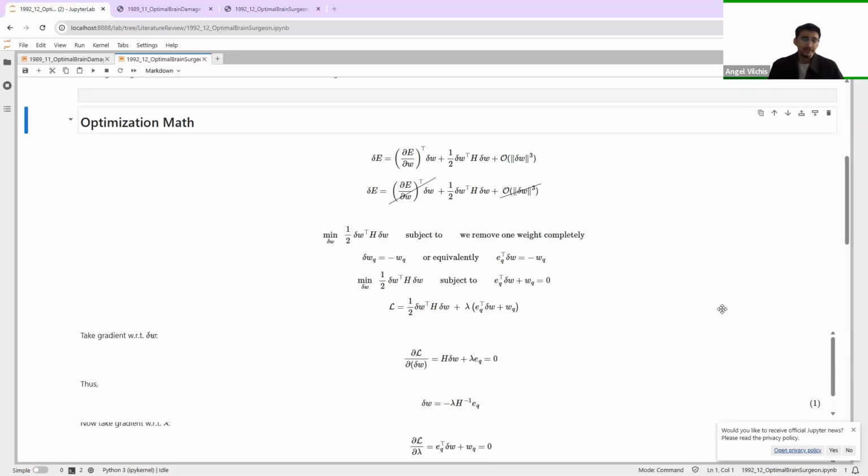So now let's go over the math of optimal brain surgeon. We start off very similarly to optimal brain damage. We start off with the Taylor series estimate of the change of the objective function, given that we change the weights a certain amount. We also start off with the same approximations and cross out the first term, the extremal approximation, and the third order terms and later of the Taylor series.